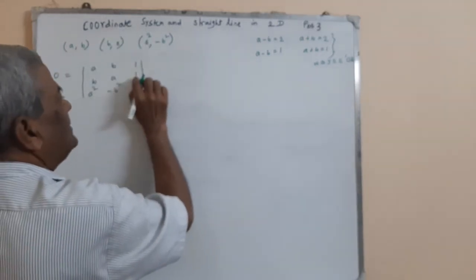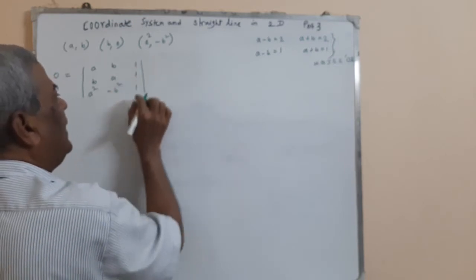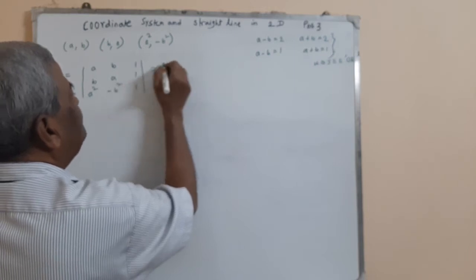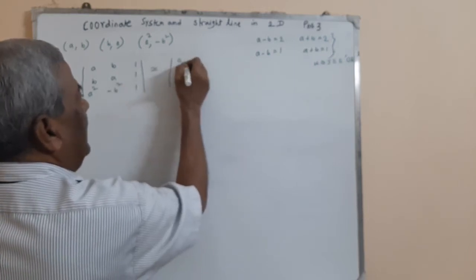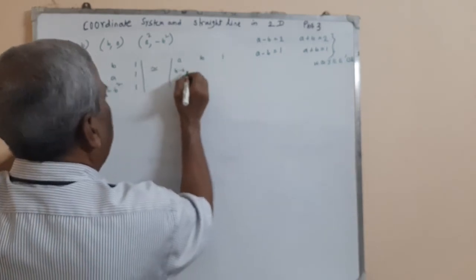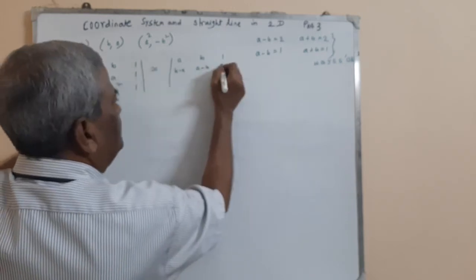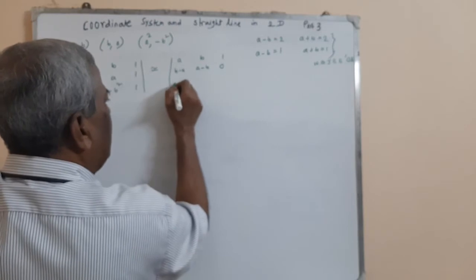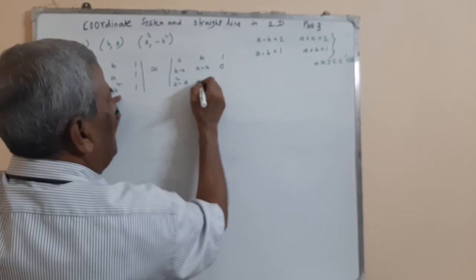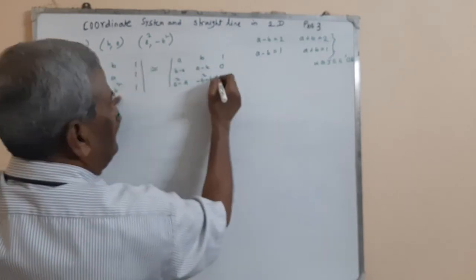Now operating this, making this 0 and that 0, so R2 minus R1 and R3 minus R1, we get this is equal to A, B, 1, B minus A, minus B, then this is 0, A square minus A, minus B square minus B, and 0.